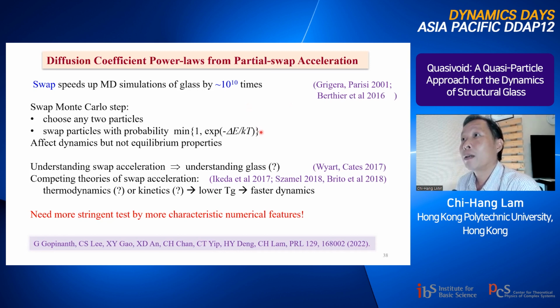And then this speed up is from the extrapolation. So they would be able to do a simulation with swap within reasonable computation time. And then from the extrapolation, if they were to do it without swap, it will take 10 to the power 10 more time. That is maybe a century to complete the simulation. So that certainly involves extrapolation. But I think the order is quite reliable because many groups have reproduced that.